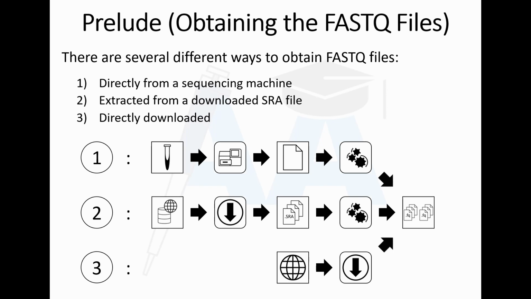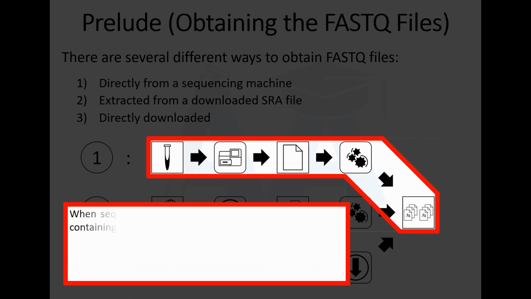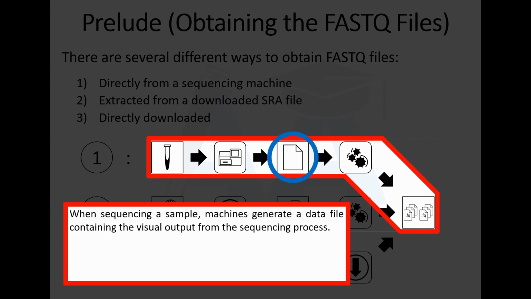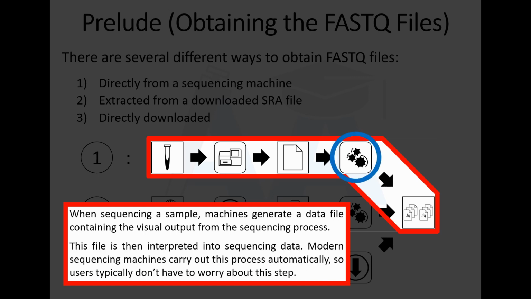Out of these three methods, I especially want to talk about the first one, since sequencing machines may sometimes produce a corrupted FASTQ file, but the situation may still be salvageable. And to understand how, we need to learn a bit more about the sequencing process. When sequencing a sample, machines first generate a data file containing the visual output from the sequencing process. This visual output is then interpreted into sequencing data.